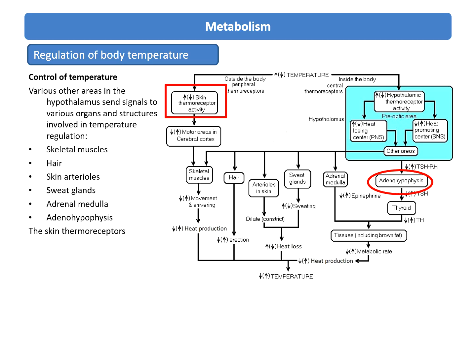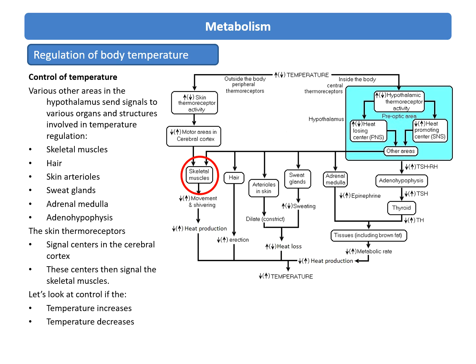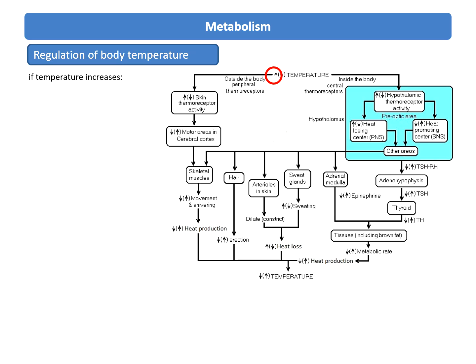Thermoreceptors in the skin also transmit information to the hypothalamus, not shown in the diagram, but they send signals as well to the cerebral cortex. These centers then signal the skeletal muscles to carry out voluntary activities, such as rubbing your hands together or putting on your jacket.